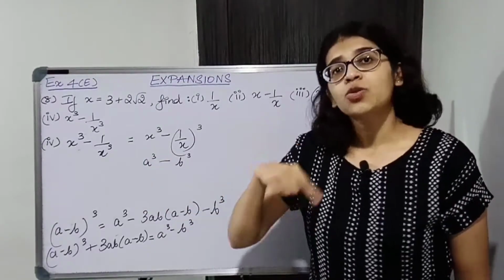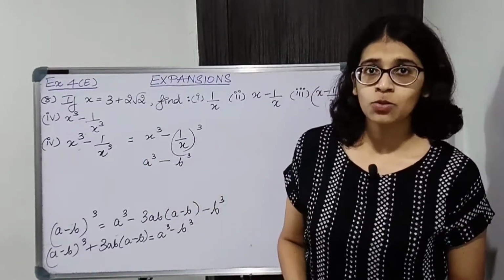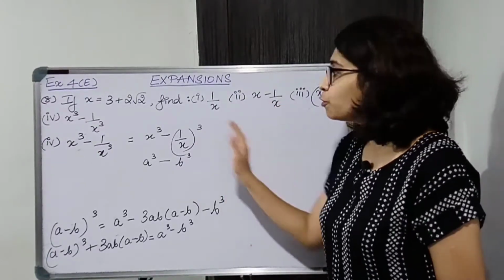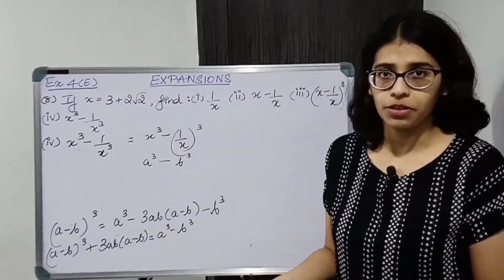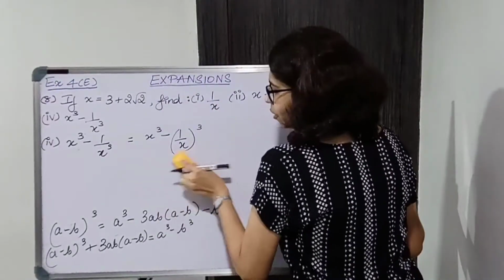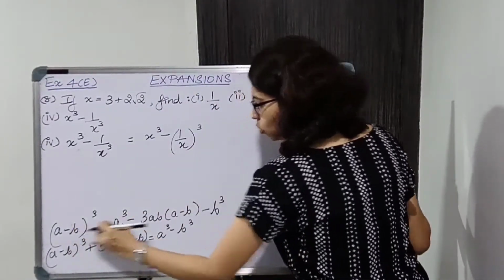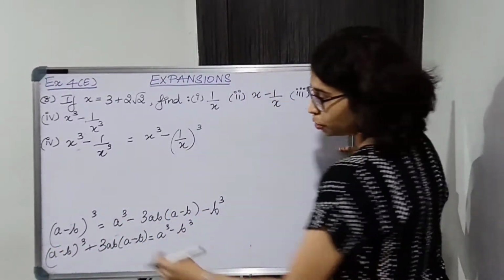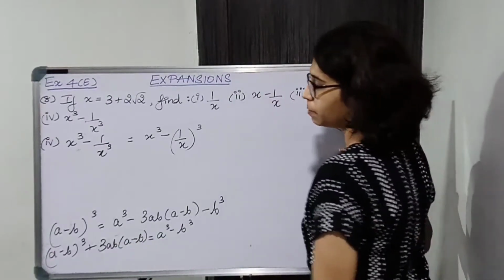There is one more method, I'll show you that method as well. So first let us solve by this method. If you don't want to follow this method, you can use the other method. So you can write this down: a cube minus b cube is equal to a minus b the whole cube plus 3ab into a minus b.